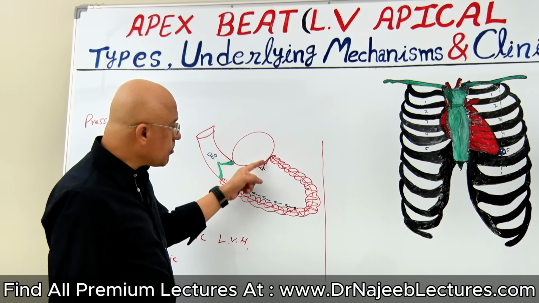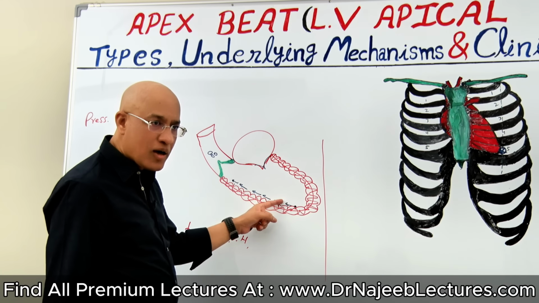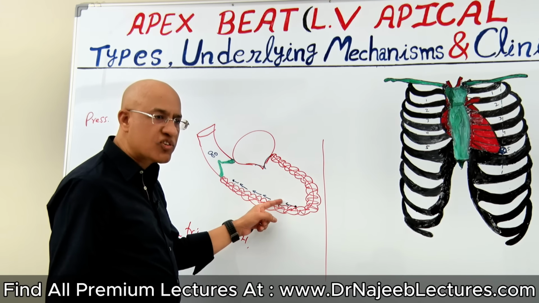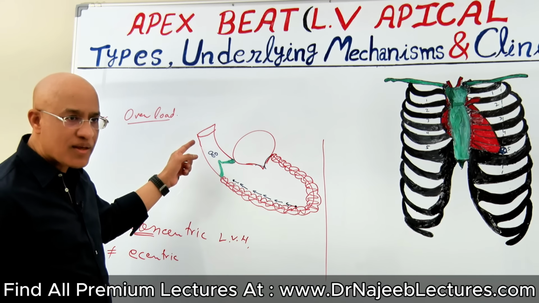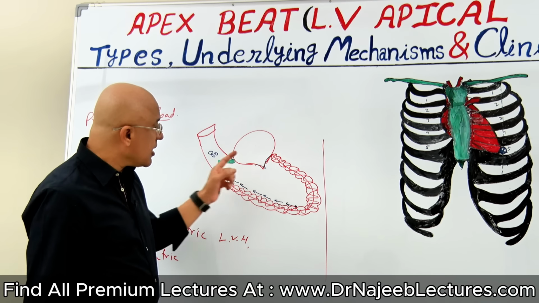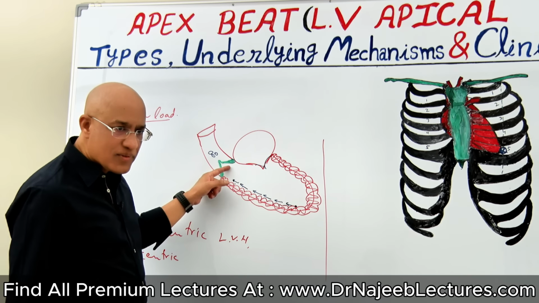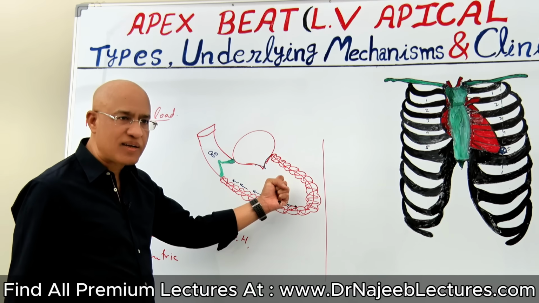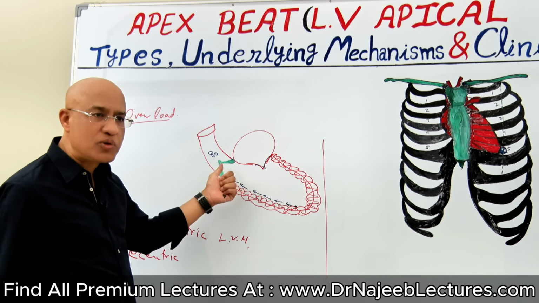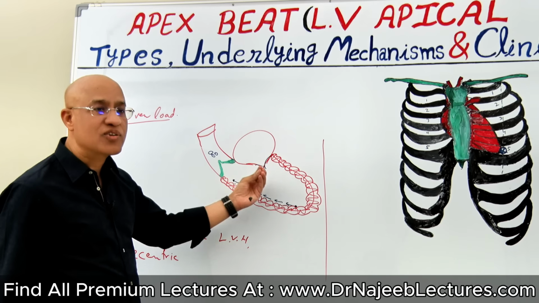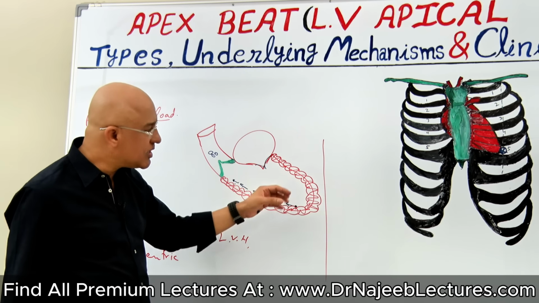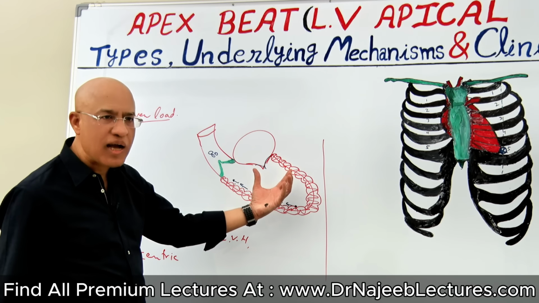And whatever blood is coming, let's suppose 50 to 60% should be ejected. But the outflow resistance is so much that with all its might and power, it cannot get enough blood out, right? So it starts dilating. And when it starts dilating, what will happen?